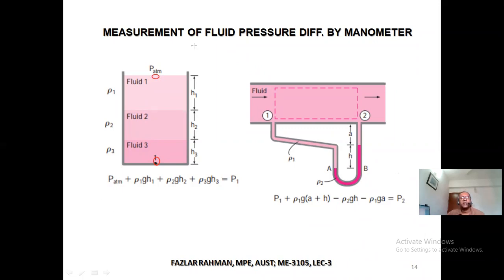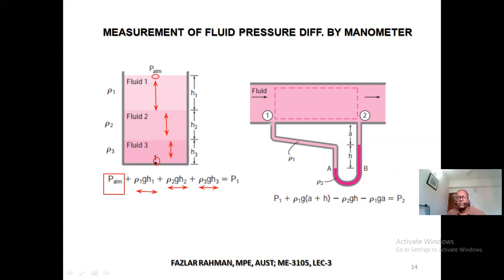Then you walk down first from this point to this point, that means height H1, rho 1. Then you walk down this much, rho 2 g H2. Then you walk down this much, rho 3 g H3, equal to P1. You figure out the pressure. Okay.